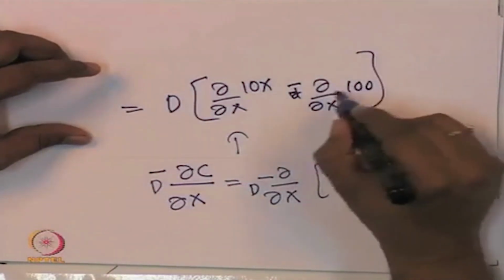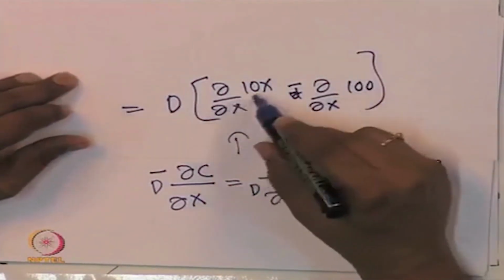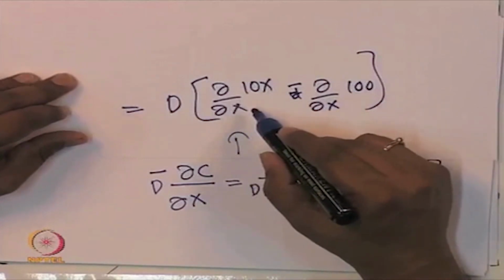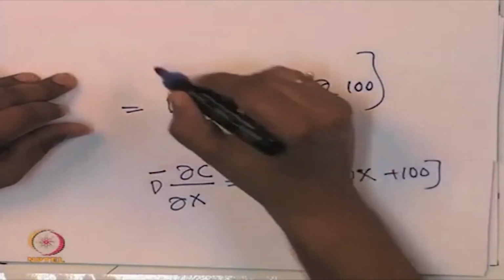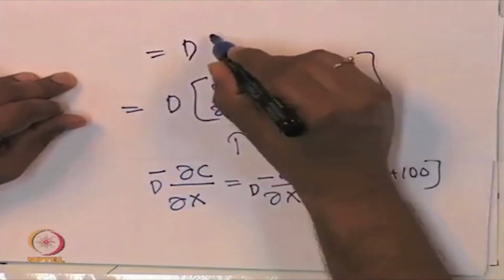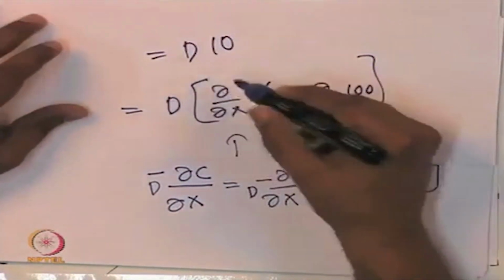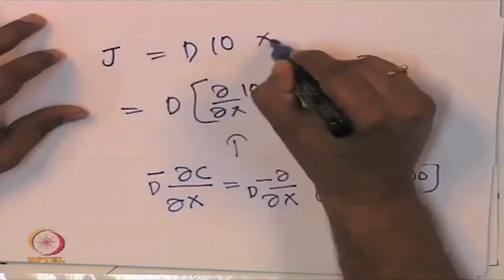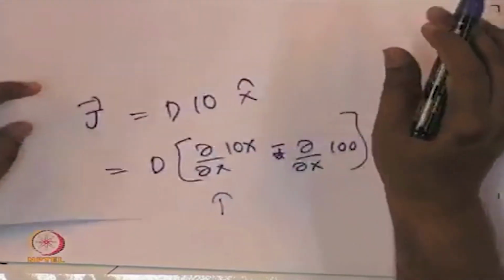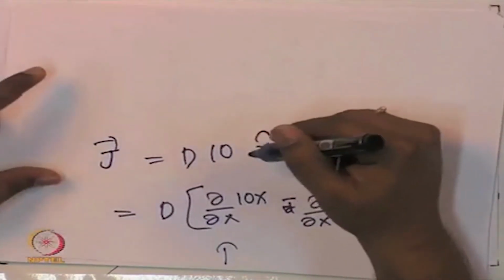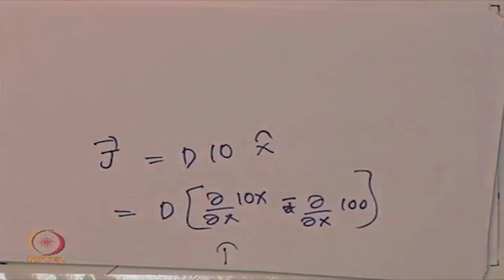This is 0 because the derivative of a constant is 0, and this is basically just 10. So, this is D into 10. So, 10 D is the current. There is a current in the x direction which is basically 10 D.